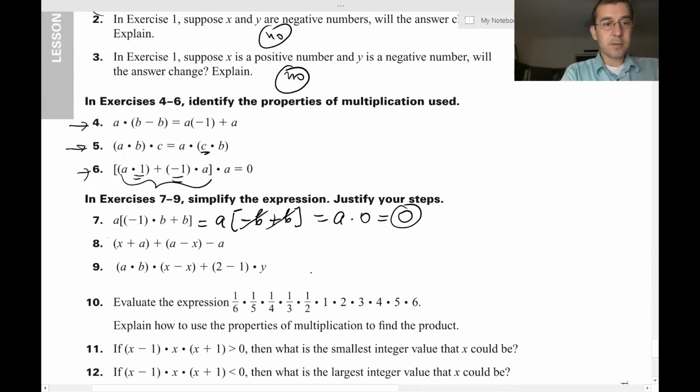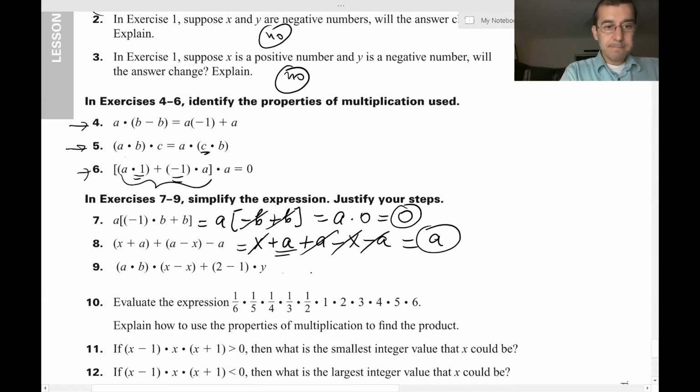So that's the answer for 7. Number 8, let's get rid of the parentheses. So we have x plus a, then plus a minus x, and minus a. x cancels out with minus x, plus a cancels out with minus a, and we just end up with this a here. So a is the answer for 8.